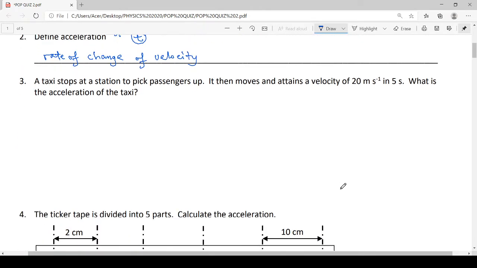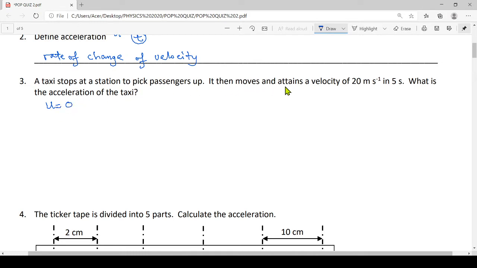Alright, so we go to the third question. So, we are given here a taxi stop at a station to pick passengers up. It then moves and attain a velocity of 20 meters per second in 5 seconds. And you are to find what is the acceleration. So, if we read the question carefully, a taxi stop. So, that is my initial velocity is 0.